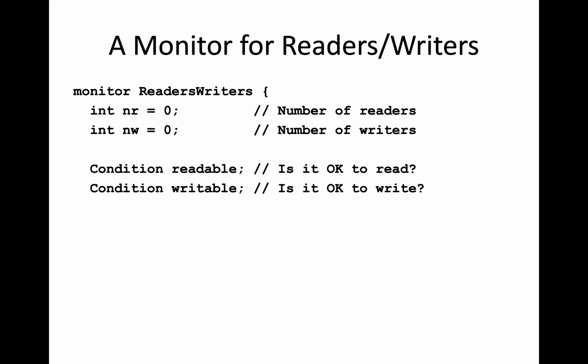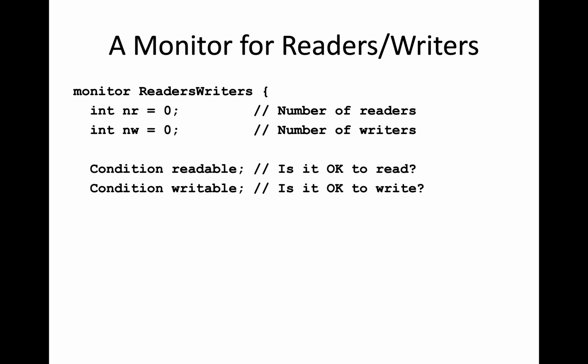So just like I said on the previous slide, our monitor will have two pieces of state. Maybe I wasn't clear about this before. The job of this monitor is just to give out locks. Threads will come to it and say, can I read from this field? Other threads will come to it and say, can I write to this field? And this monitor will grant them access based on who it's already granted access to.